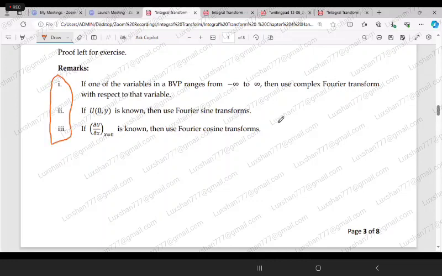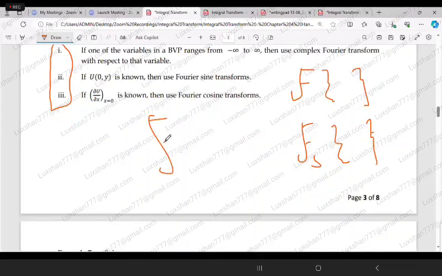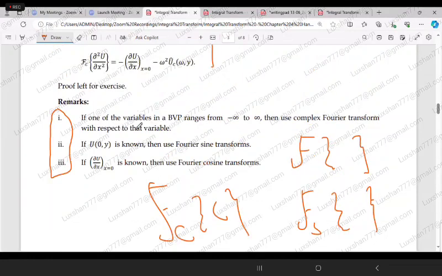Now we have three transformations: the Fourier complex transform, the Fourier sine transform, and the Fourier cosine transform. This is the rule, or you can consider it a rule of thumb, for which transform you should use.